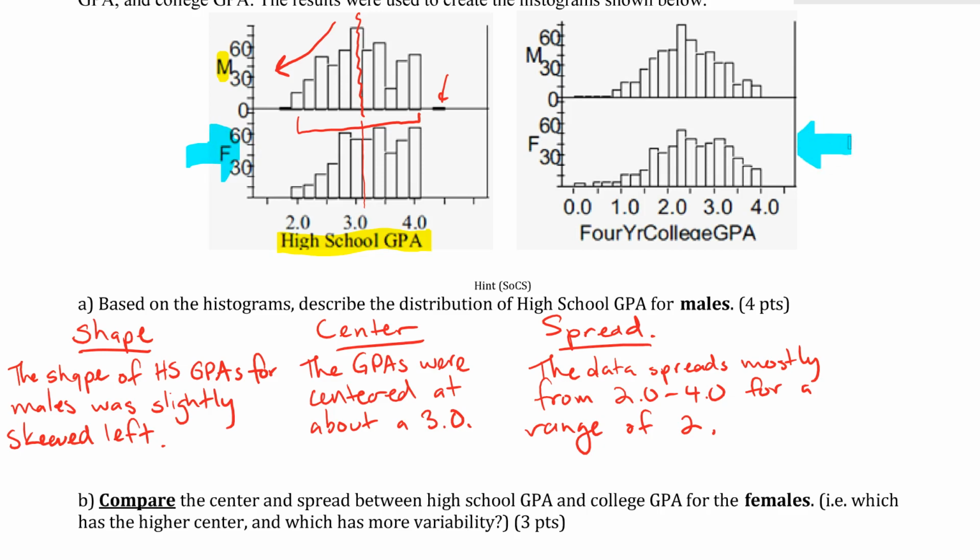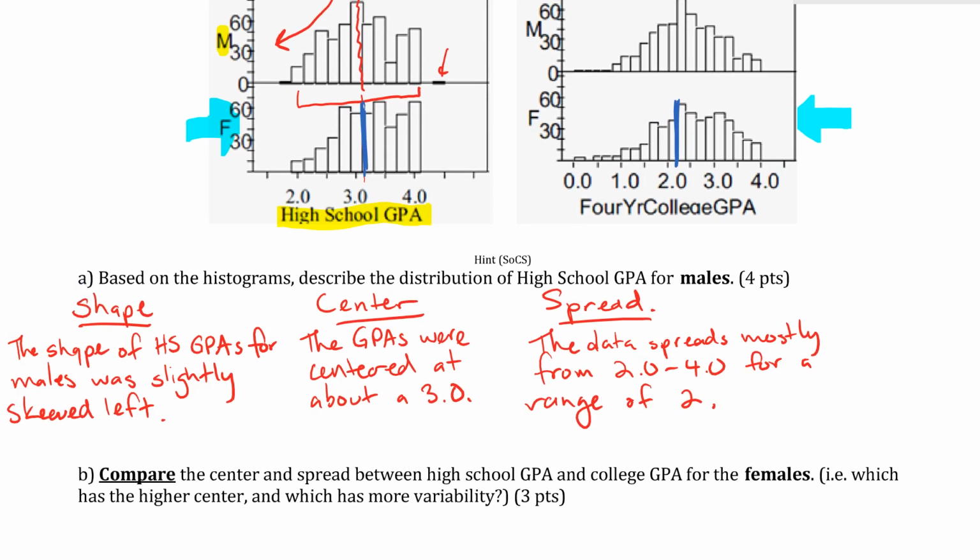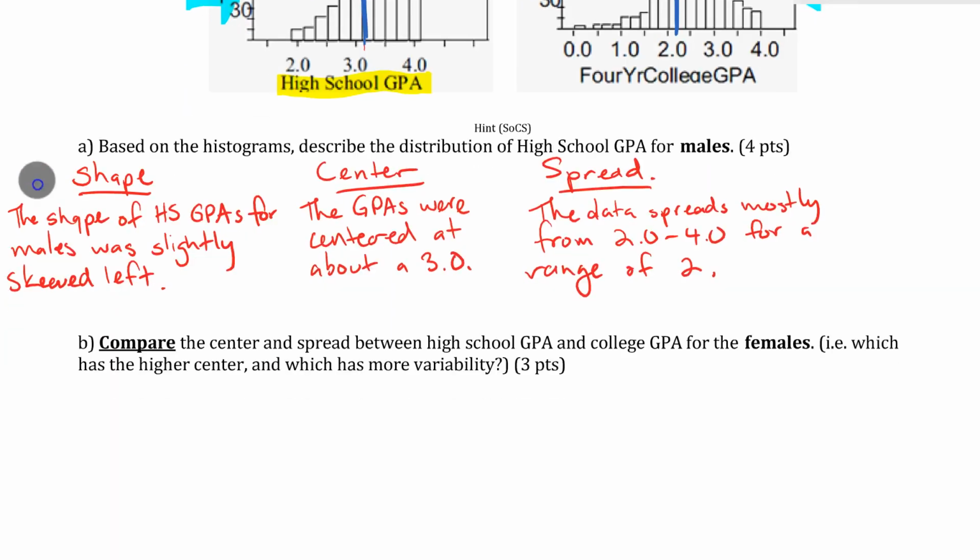And we want to see first which one has the higher center. Well, if we kind of estimate where we think the center is for females, it looks like it's right around here too, which is just above a 3.0. Versus when we're looking at the center for college, it's maybe right around here, which is just above a 2.0. Well, it's pretty clear that 3.0 is higher than 2.0. So it should be pretty clear that the females have a higher high school GPA compared to the college GPAs.